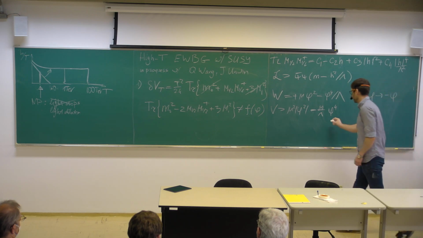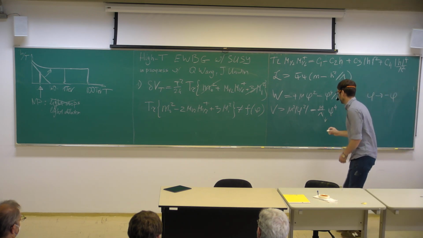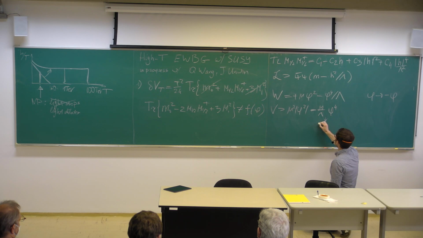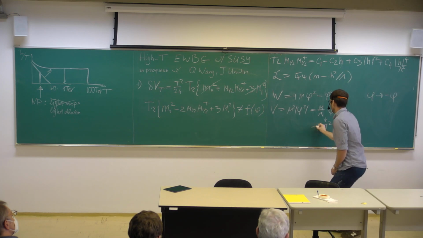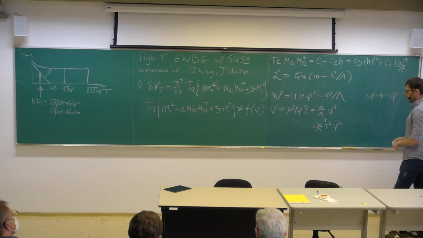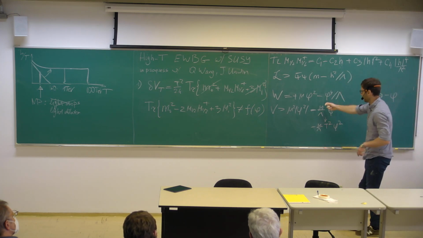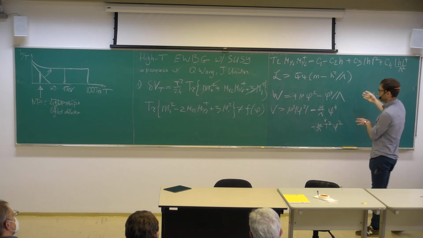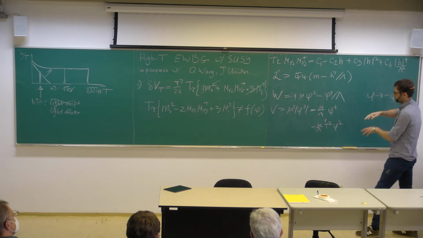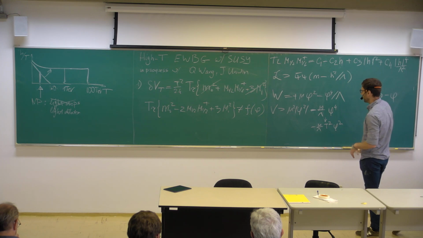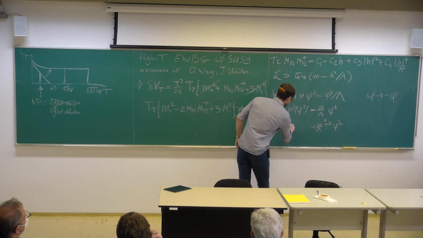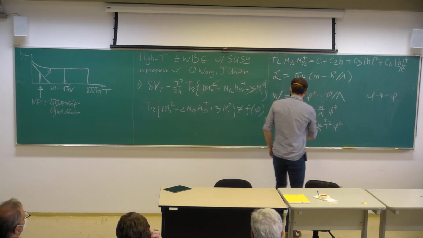So at high temperature, this gives you something like mu over lambda times temperature squared times phi squared, a negative mass from the scalars. You also get the negative mass from the fermions counterpart. And if this is greater than that, you get symmetry non-restoration.